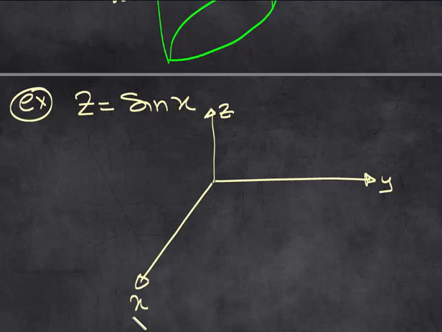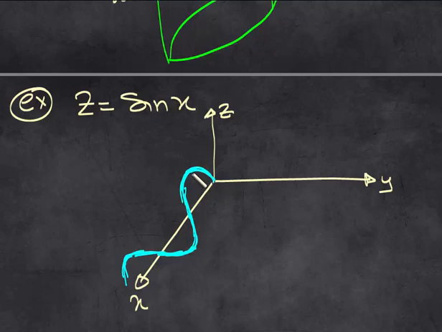I'm going to start with the trace that's in the xz plane, which is just a sine curve. So it looks something like this. Starts at 0, goes down, goes up. So that's my sine curve in the xz plane, so it's supposed to be flat. And then what am I going to do to that sine curve now?